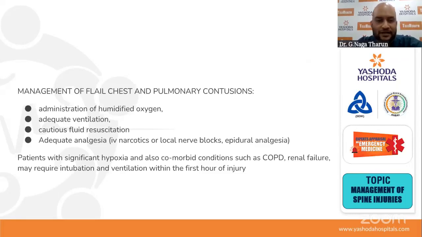Adequate analgesia, narcotics or local nerve blocks, and epidural analgesia are also useful in pain management in flail chest. Patients with significant hypoxia and comorbid conditions such as COPD or renal failure may require intubation and ventilation within the first hour of injury in flail chest.